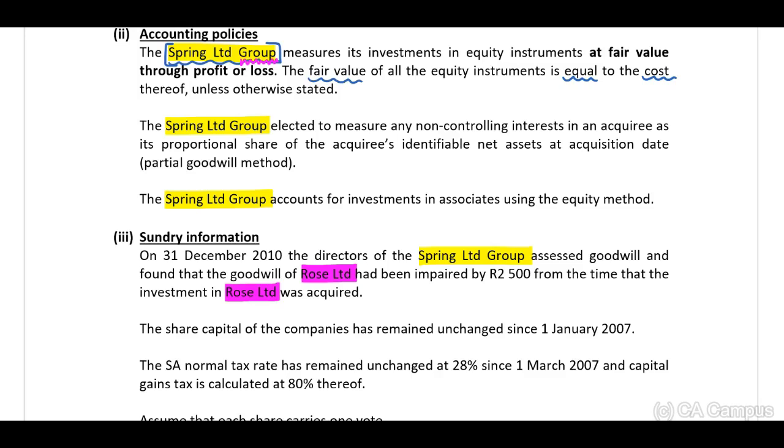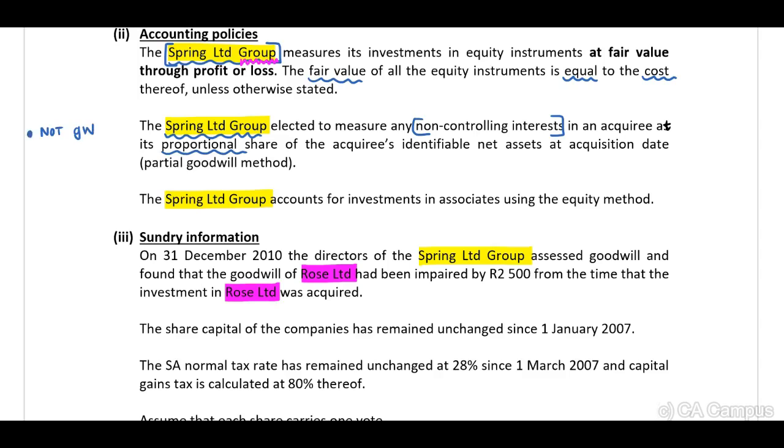Then the Spring Limited Group elected to measure any non-controlling interest in an acquiree at its proportional share. Now guys, at proportional share, what does this mean? Our NCI will not share in any goodwill. Important.